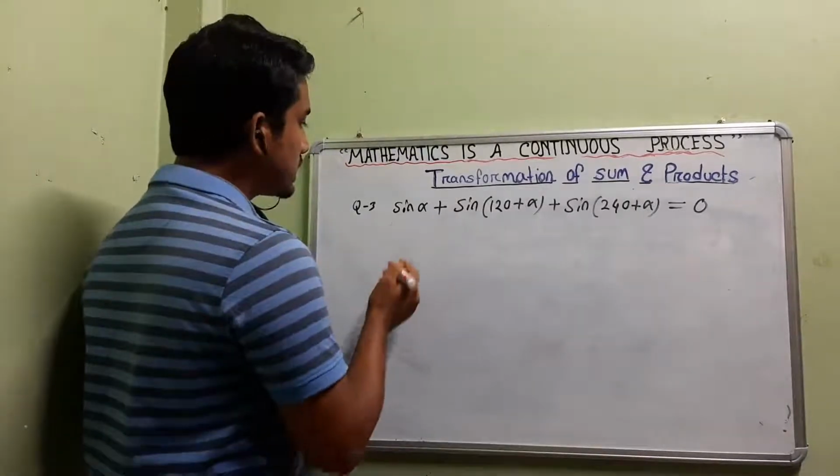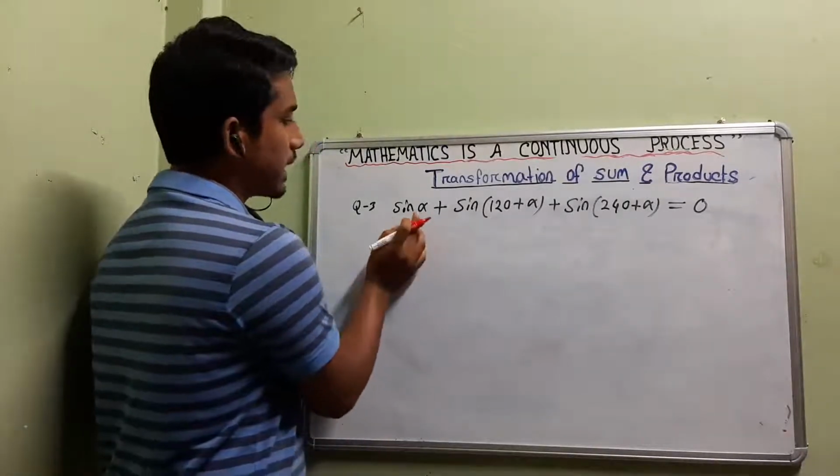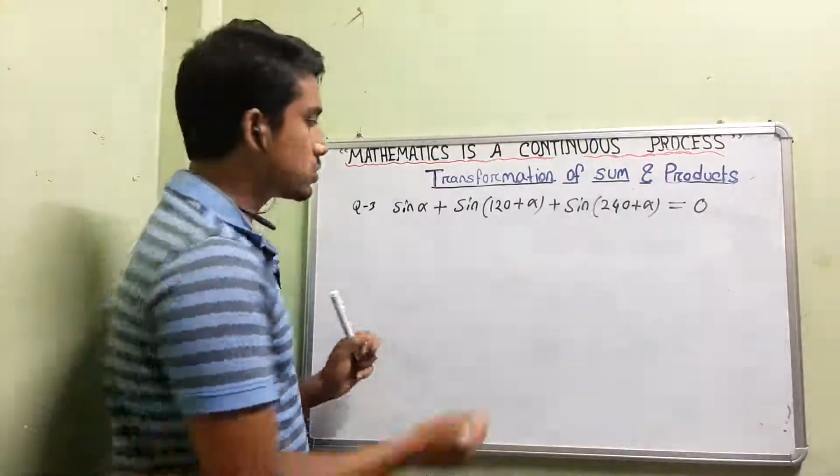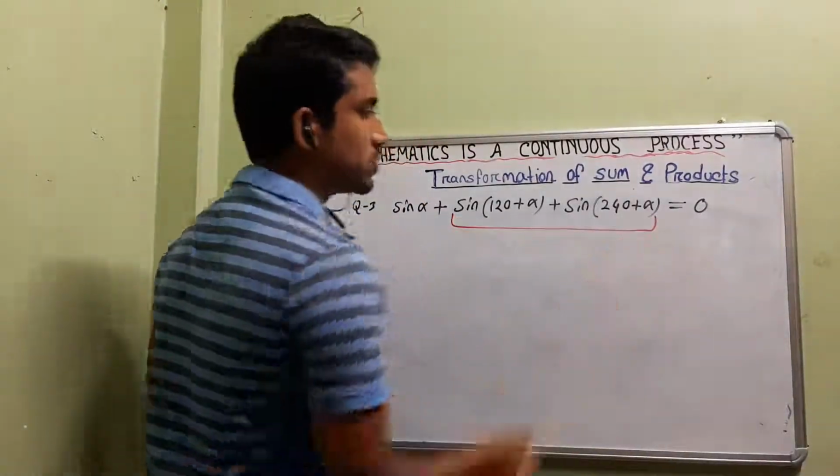The first part is a simple angle, only alpha, but the second two have different angles, so we'll take these two together.